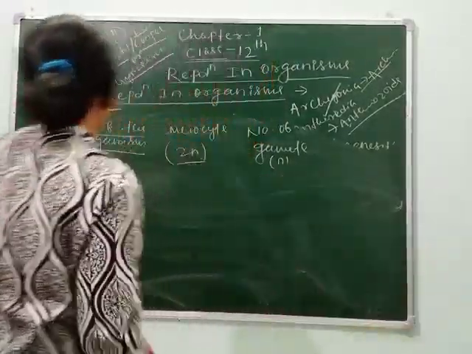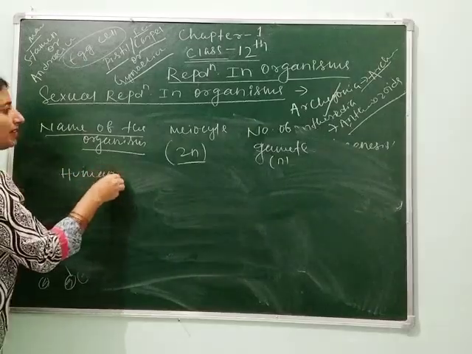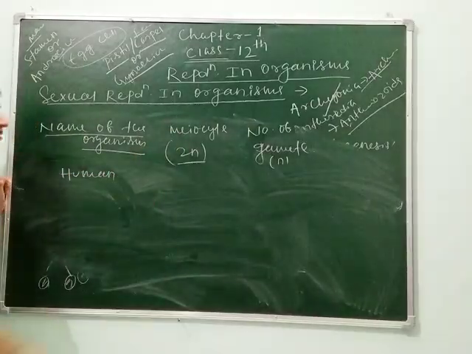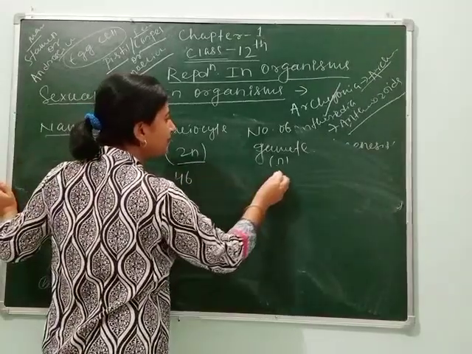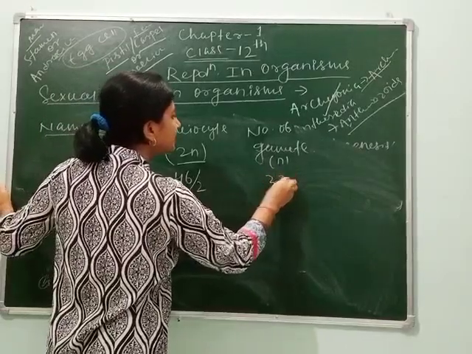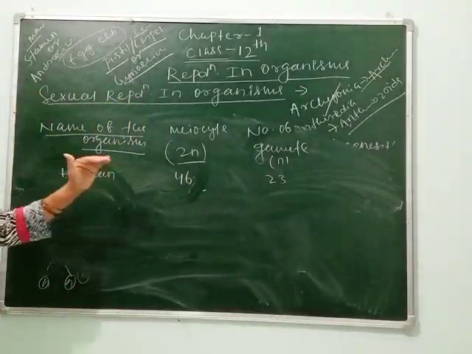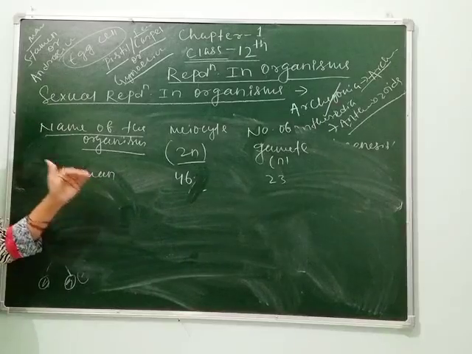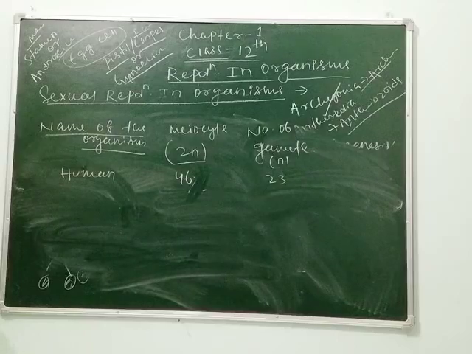So let's see, for example, human beings. The organism is human. The meiocyte contains 46 chromosomes and the gamete contains half of it, n, so 46 upon 2 means 23. Clear, students? So the meiocyte of a human being contains 46 chromosomes, whereas the gamete contains 23 chromosomes. Exactly.